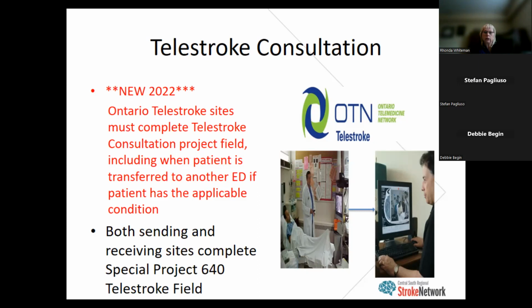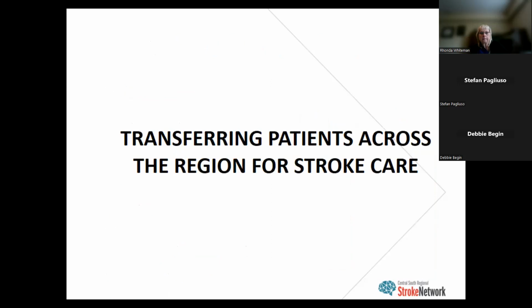So in 2022, Ontario telestroke sites must complete the telestroke consult field, including when the patient is transferred to another ED, if they have the applicable condition. So both sending and receiving sites would complete the 640 field.